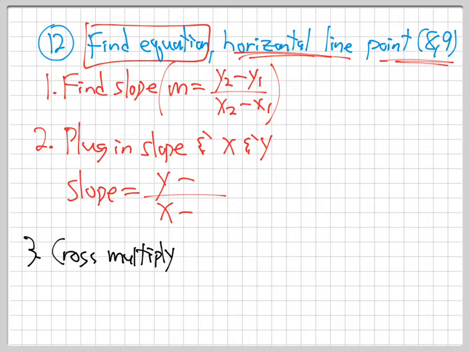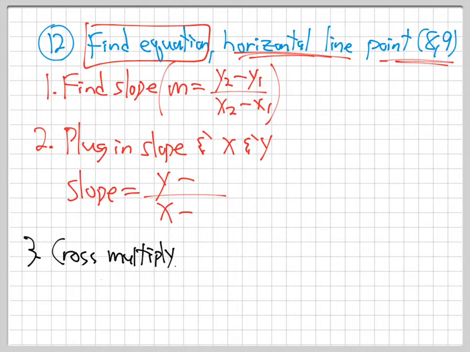Cross multiply and get y alone, if that's what they want. Let me just leave it at that. Good enough. So there are the general steps that are required whenever they say find the equation. So if they say find the equation, you need to think about those three things.